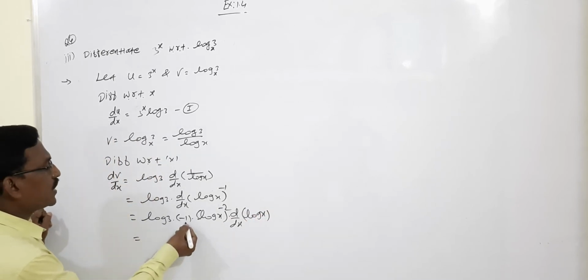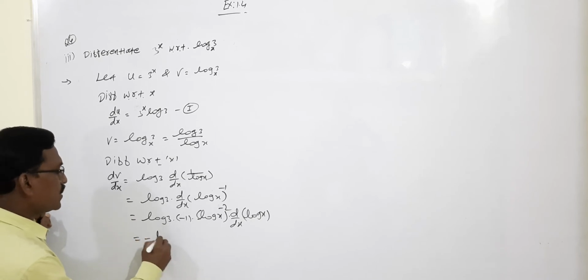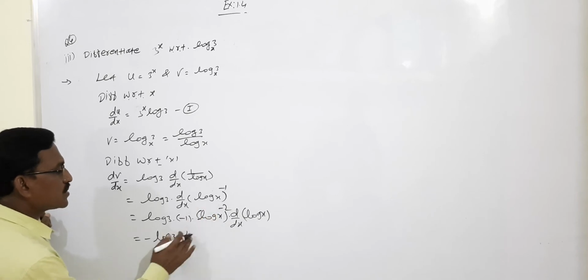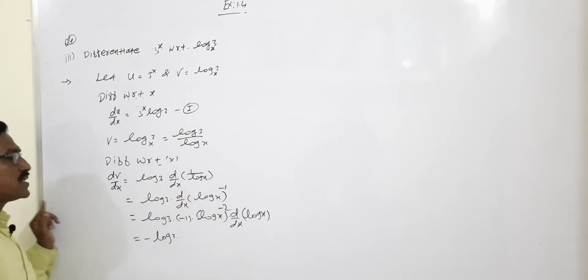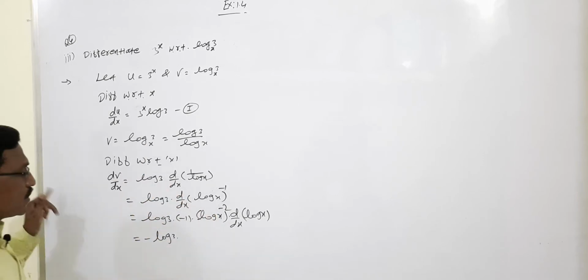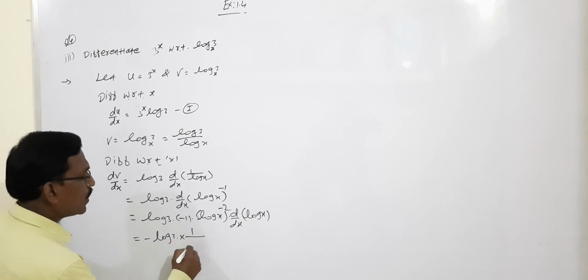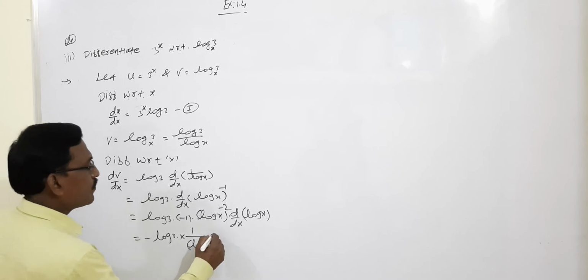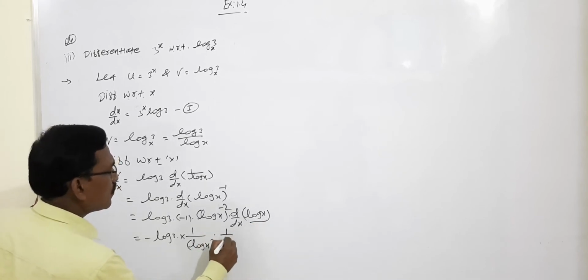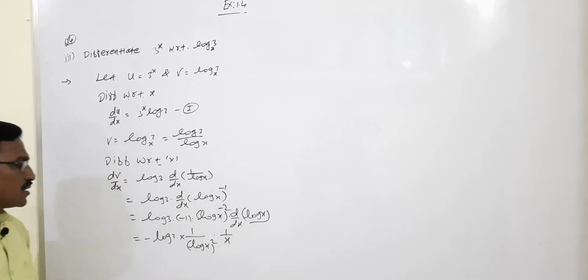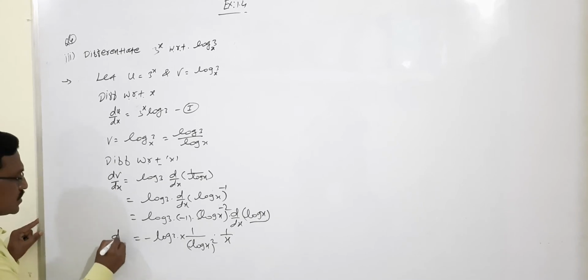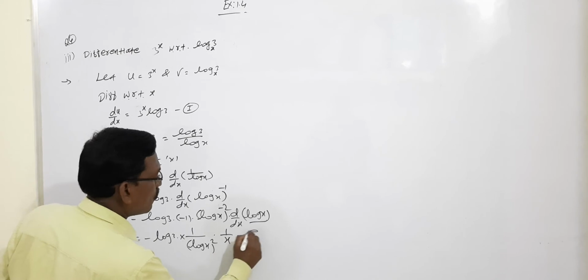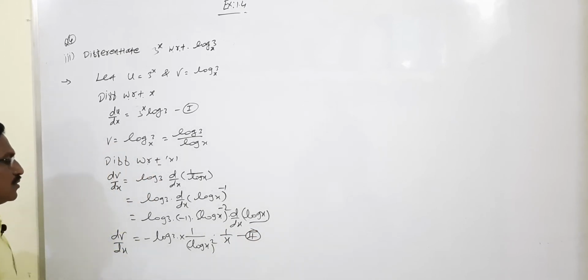It is equal to minus log 3 into 1 by log x whole square into the derivative of log x, which is 1 by x. This is dv by dx, the derivative of v with respect to x. Call it equation second.